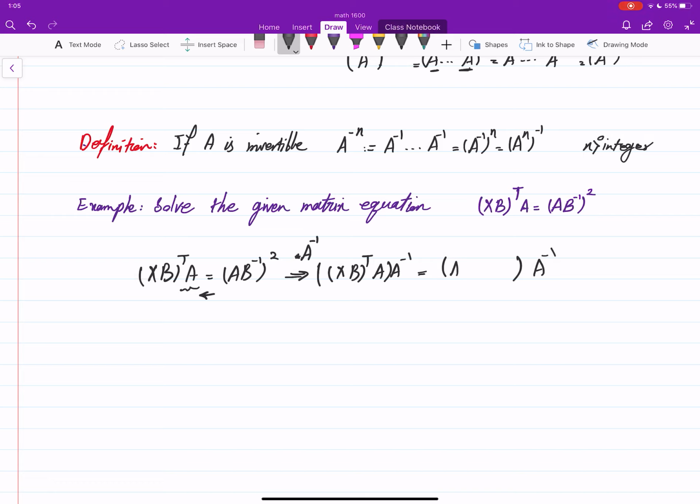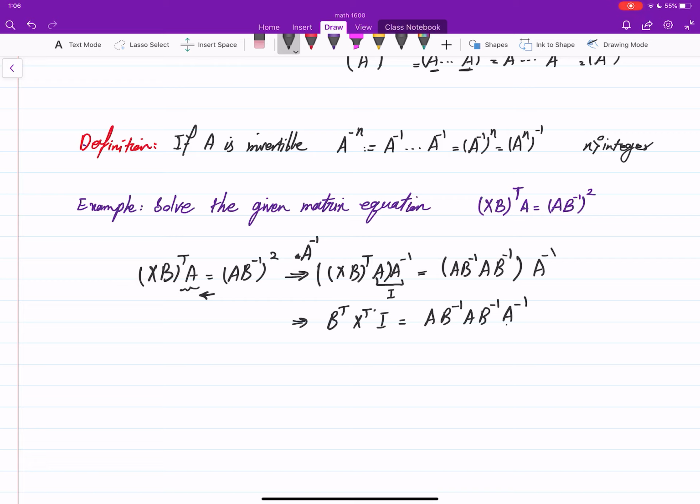This is AB inverse, AB inverse. Now use associativity. This will give identity for us. And the transpose here will give B transpose X transpose times identity equals A, B inverse, A, B inverse, A inverse. We cannot do anything more than that.